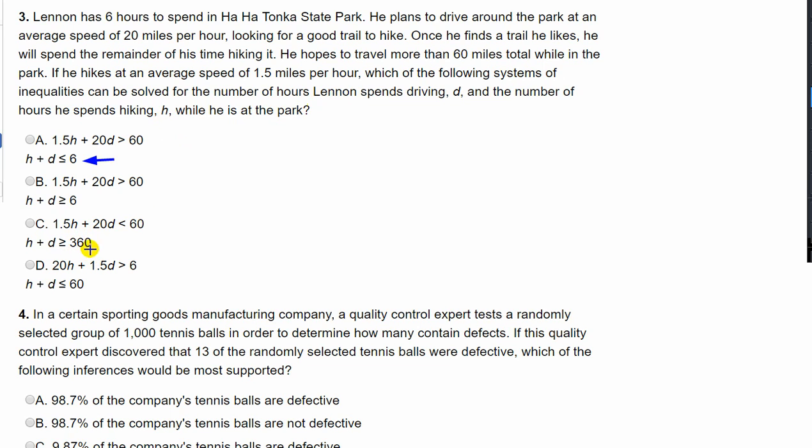So on the right hand side of the inequality sign, this has to be in hours. If you put 360 minutes, then it's wrong. Similarly D is also wrong. So without going further, if there is only one possible answer, it will be A, without actually having to analyze this.